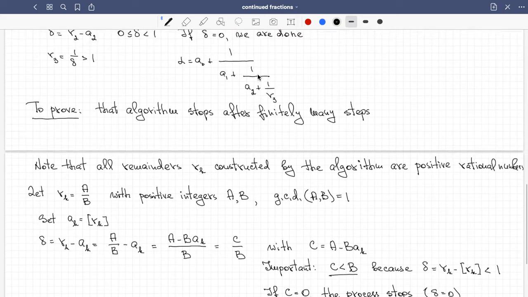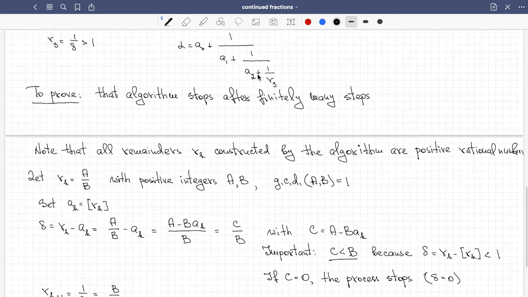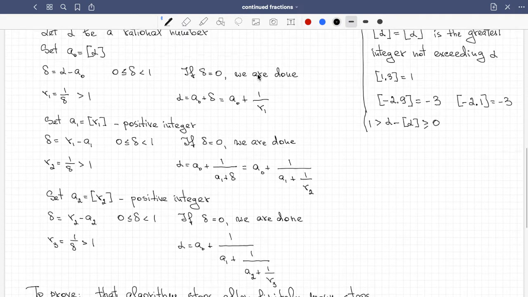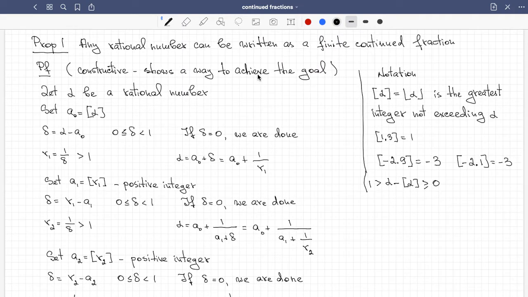As a remark, this algorithm works independently of whether alpha is rational or not. Just if it was not rational, the process will not stop. It will continue to produce A's.